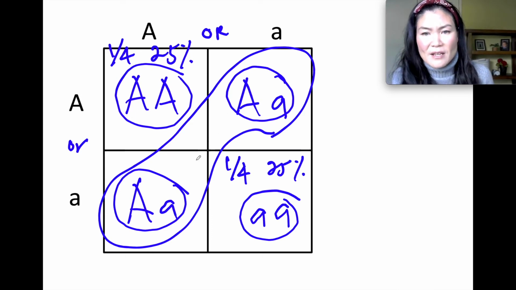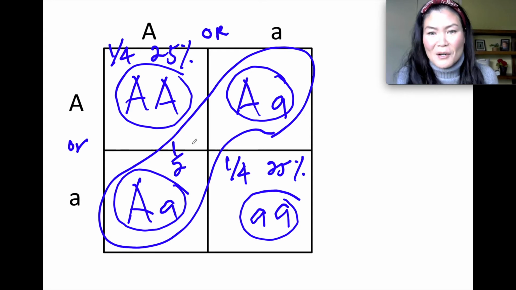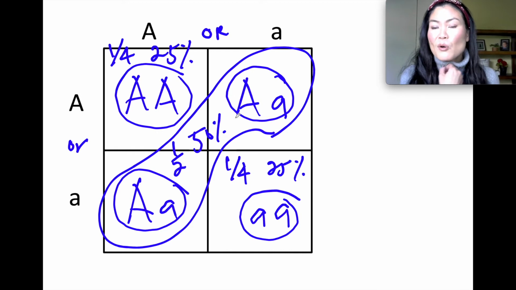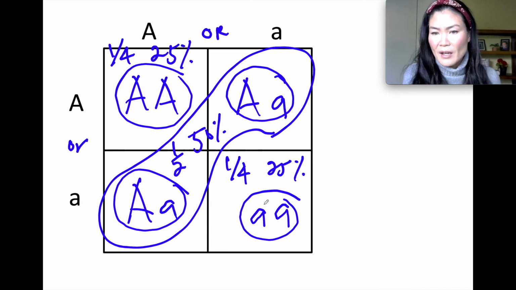The heterozygous individuals, it's 1/4 and 1/4, which is 2/4, which is 1/2 or 50%. So the probability of these parents having offspring that's big A, little a is 50%. The probability of them having offspring that's big A, big A is 25%. The probability of them having offspring little a, little a is 25%.